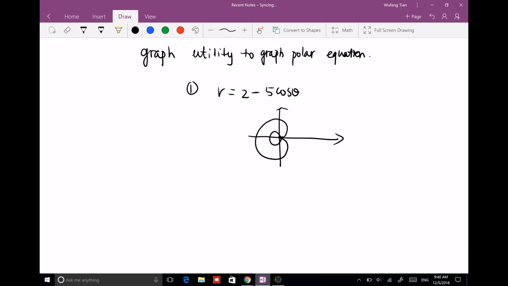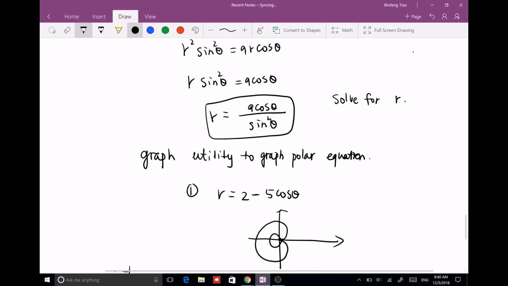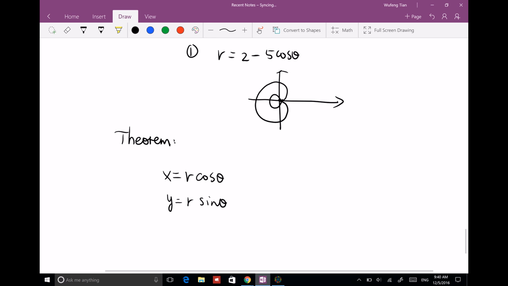The next one, we're going to continue with the derivative. How do we find the derivative, the slope and tangent line of the polar equation? Since we have x equals r cosine theta, y equals r sine theta, and from all the previous examples we know r is a function of theta as well.